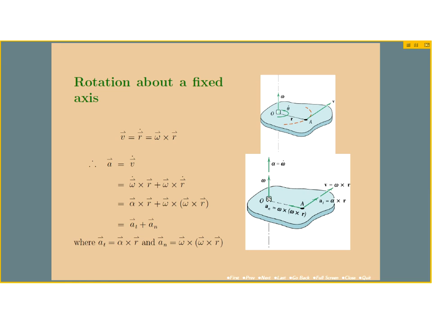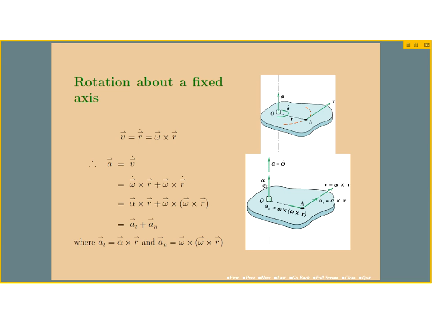Now, since the angular acceleration is the time derivative of omega, and omega is always in the direction normal to the plane, the direction of alpha cannot be anything but also normal to the plane. If alpha had a direction away from normal to the plane, it would mean that the direction of omega would change. And if it were to change, it would no longer be normal to the plane, and hence we would no longer have planar motion.